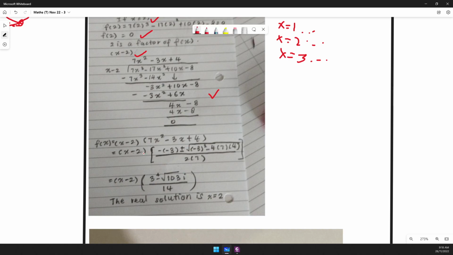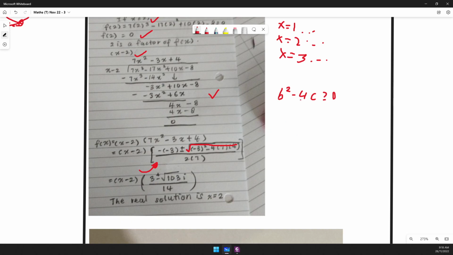Why do I say that's not necessary? Actually, inside this quadratic formula, this part inside here, you already have the answer. If anything has roots, that means b squared minus 4ac should be more than or equal to 0.